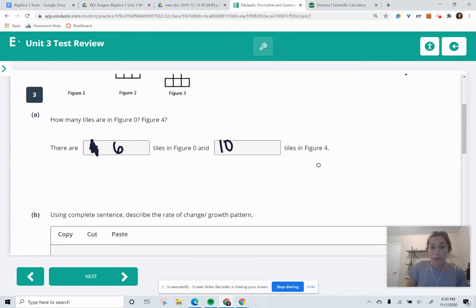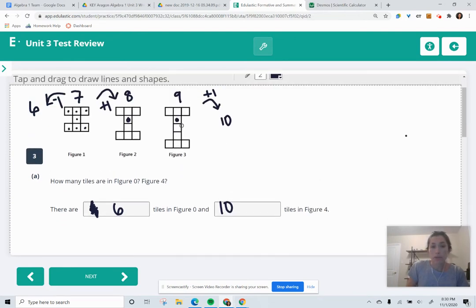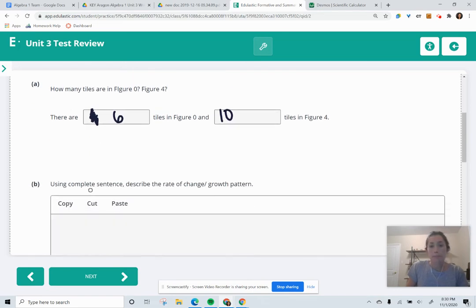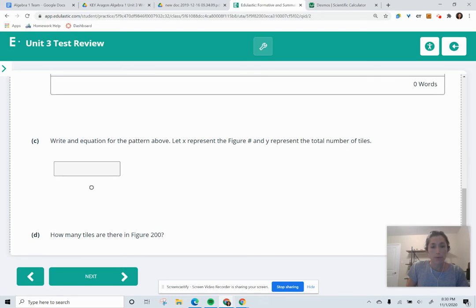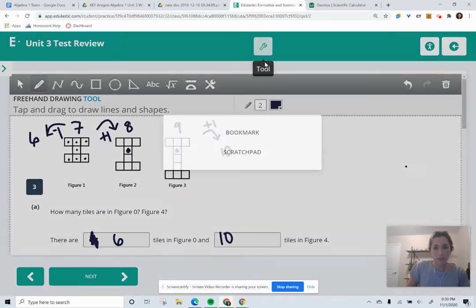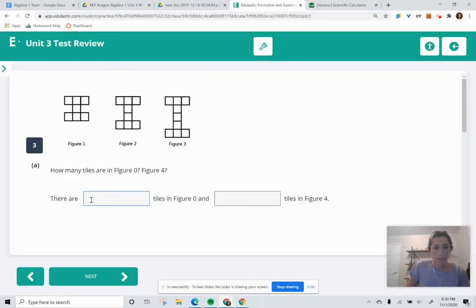Your description should include what we just talked about: what we're increasing by, what we start with, and your growth patterns. And then if we're writing an equation for this, so our growth rate, we've got y equals.